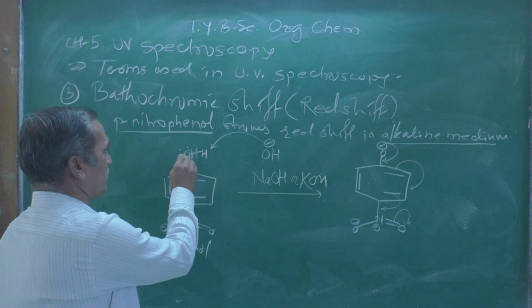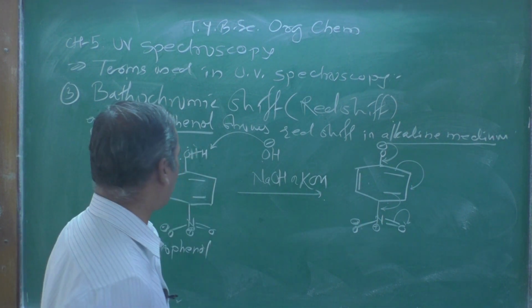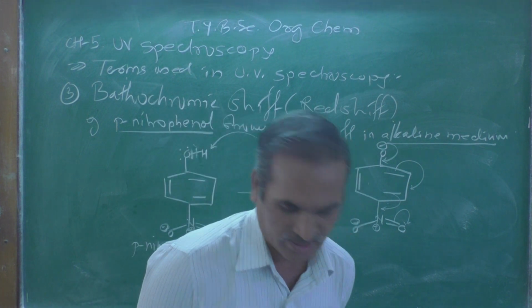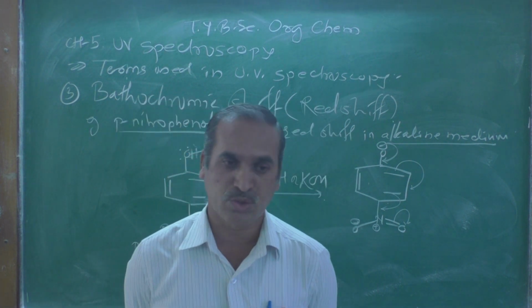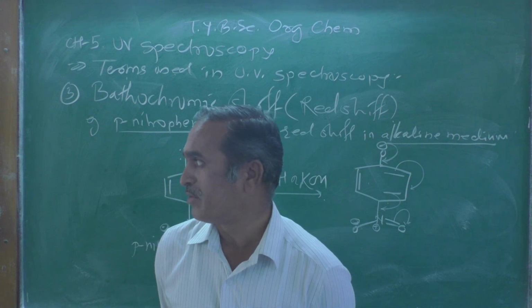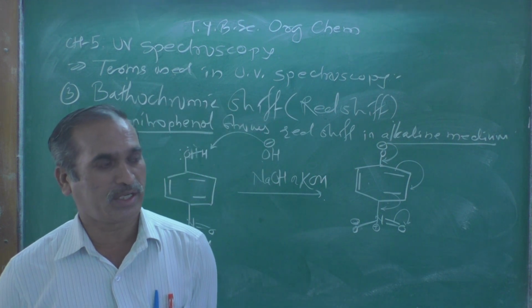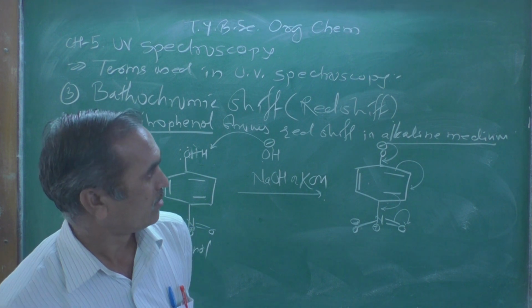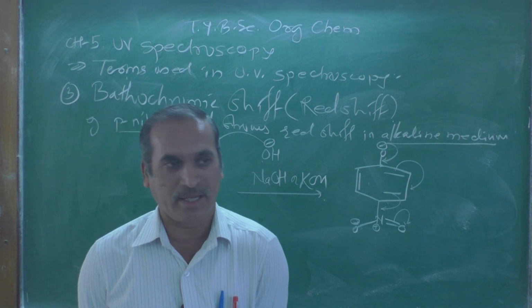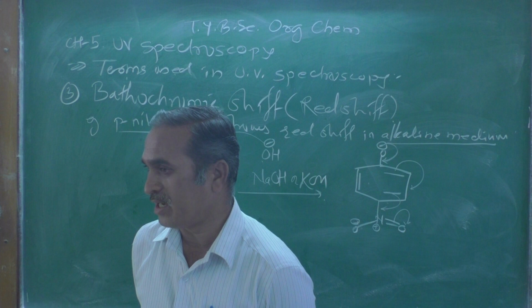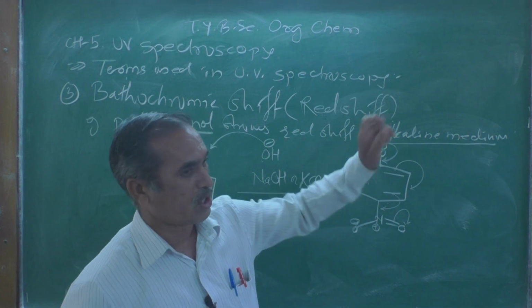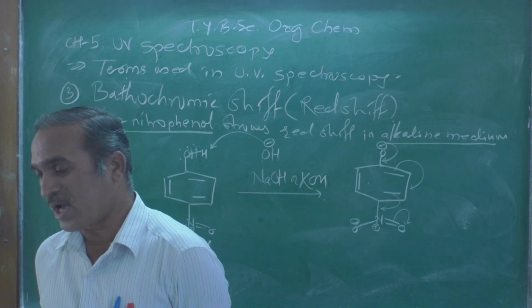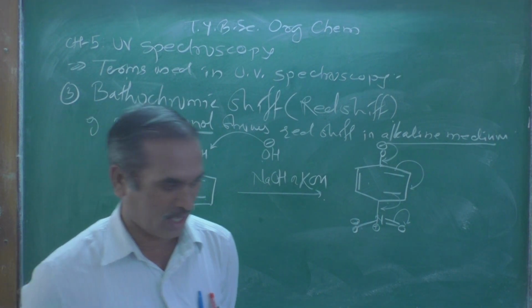And if you see the lone pair present on the oxygen atom, there is no doubt it is also capable of donating, but the donating ability is less as compared to the oxygen atom which carries the negative charge.